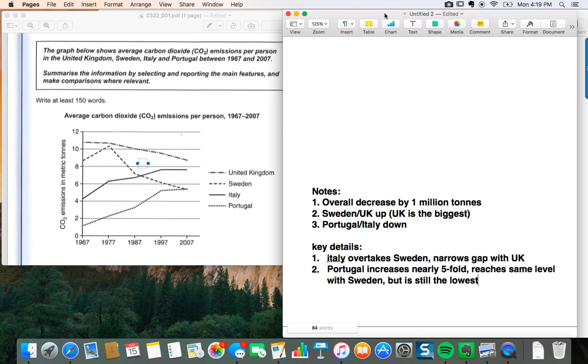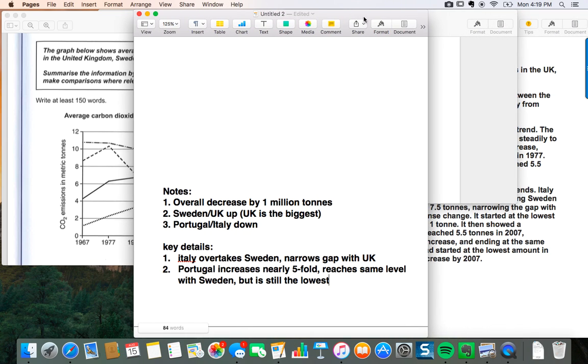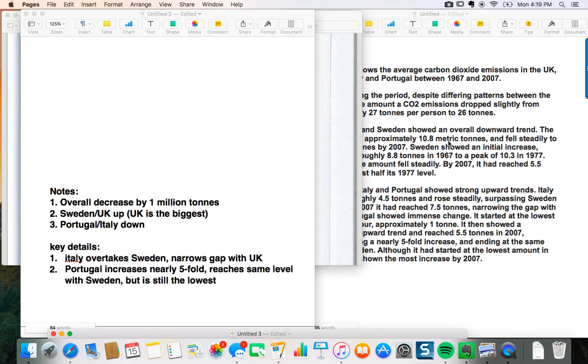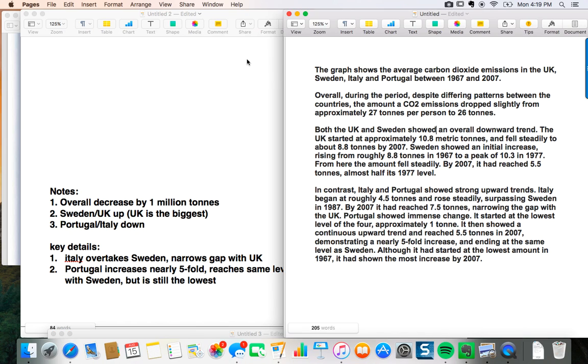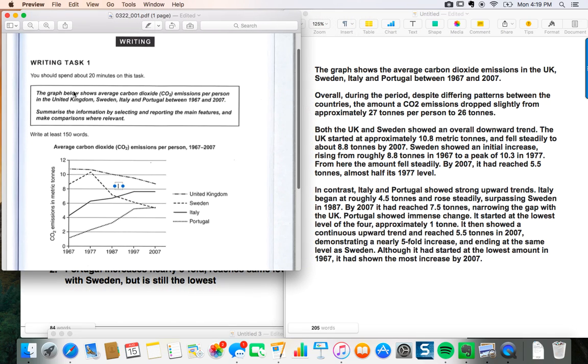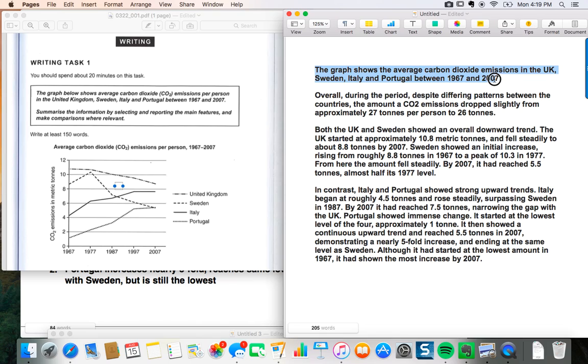Now, why don't we take a look at an actual example? Let's move that. All right, so here's our example. Now, the first thing I always point out to my students is don't worry too much about changing this language into this language. It's not really that important. You need it there, but if you spend too much time thinking about changing individual words or trying to paraphrase, it's just going to waste time.